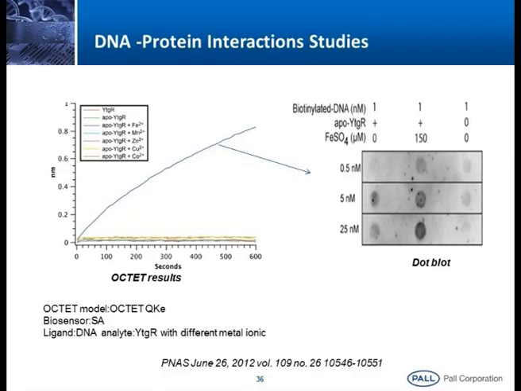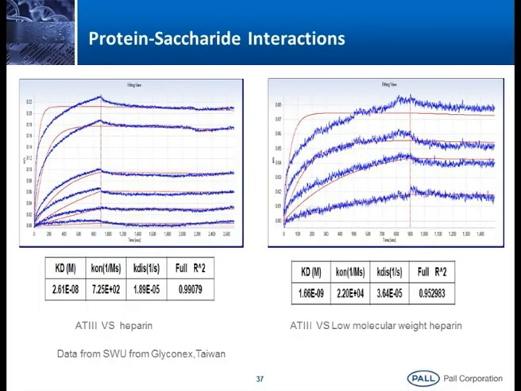They used different metal ions here. With none of the metal ions it is just baseline. In the presence of ferrous, you can see this binding. That is a very specific interaction. One of the strands has to be biotinylated. Protein biotinylation is easy compared to DNA biotinylation. You have to synthesize that using PCR.